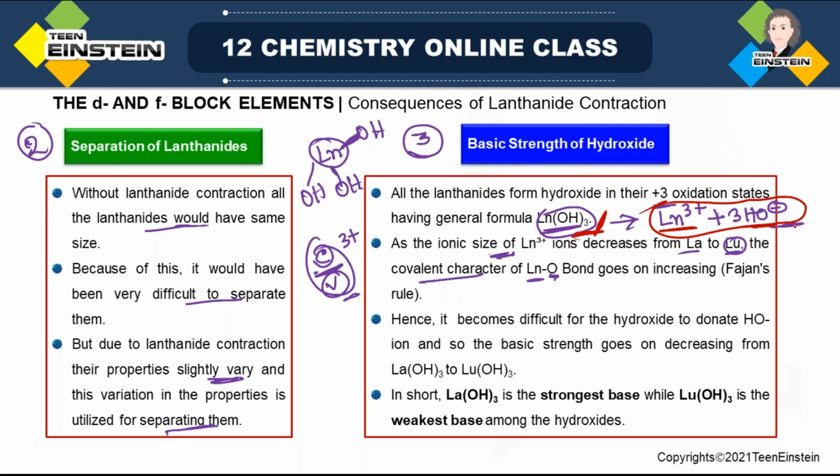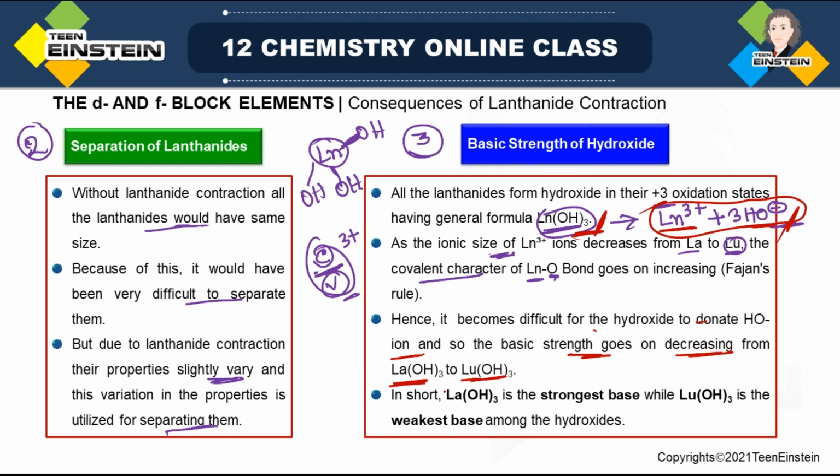That means in the medium, the HO- concentration will decrease, and a decrease in HO- concentration means basicity will decrease. It becomes difficult for the hydroxide to donate HO- ion when covalent character is very high. As a result, basic strength goes on decreasing from left hand side to right hand side.